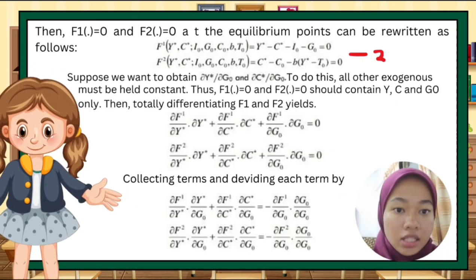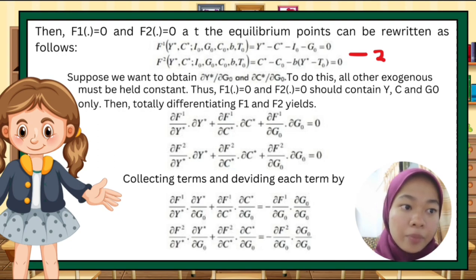The next step is that F1 equals 0 and F2 equals 0 at the equilibrium point can be rewritten as follows.